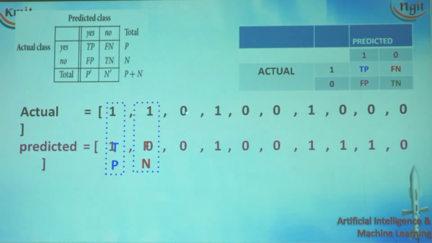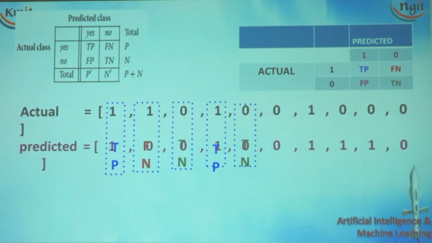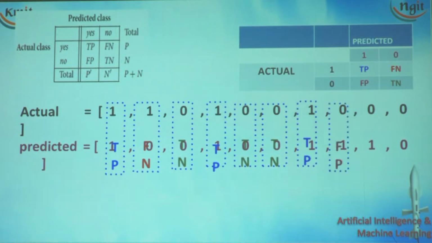And next one, actual 0, actually negative, predicted as negative. So true negative. And true positive, true negative, true negative, true positive, and false positive, false positive. It is predicted as positive, but actually it is false.